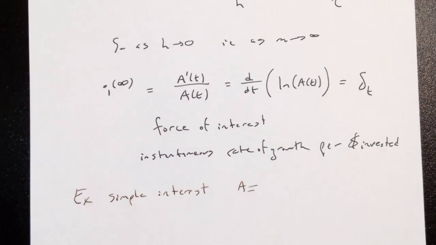You just can't have any worked out examples. What's the formula for simple interest? A equals P times 1 plus RT.